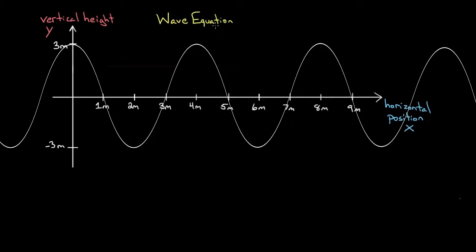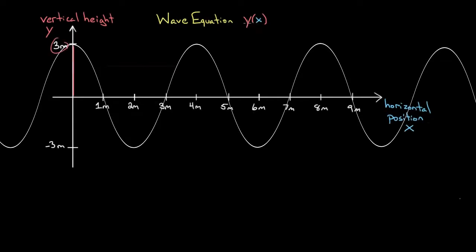And so what should our equation be? It should be an equation for the vertical height of the wave that's at least a function of the position. So this is a function of, this isn't multiplied by, but this y should at least be a function of the position, so that I get a function where I can plug in any position I want. Let's say x equals 0, and it should tell me, oh yeah, that's at 3.